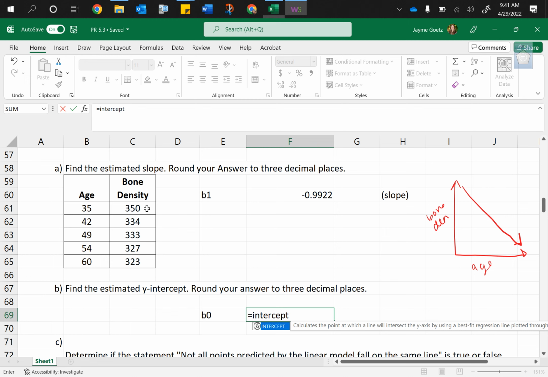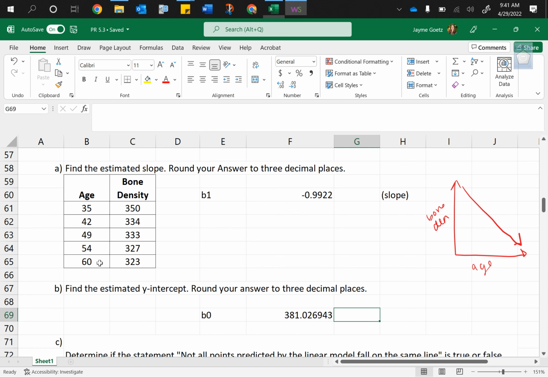And again, you have to do the y's, comma, x's. And again, if you're keeping notes, that is your y-intercept. So b sub 0 is your y-intercept, b sub 1 is your slope. That's all that it is.